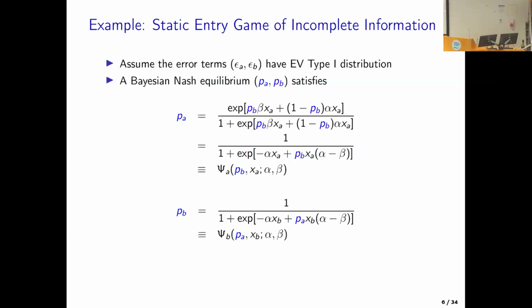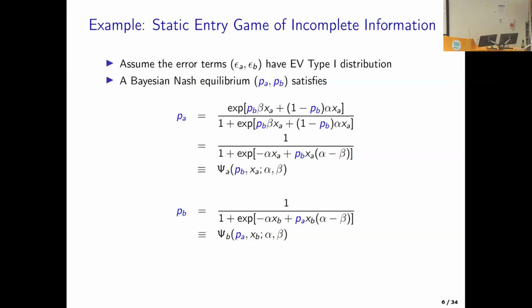So then you get these logit formulas that describe the best responses. You see, here's a mapping from choice probabilities of firm B to the choice probabilities of firm A. That's the optimal best response to the anticipated behavior of firm B, as firm A, given my predicted behavior. So what is a Bayesian-Nash equilibrium in this case? Well, that's where these two equations hold.